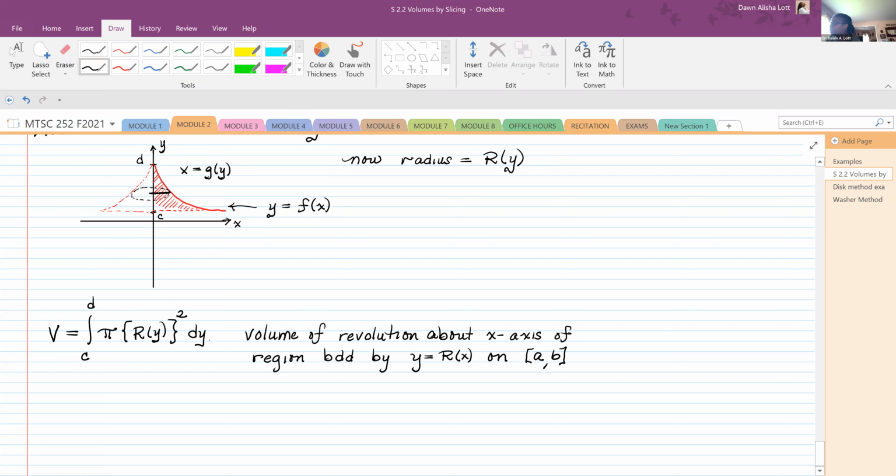And this is the volume of revolution about the y-axis of the region bounded by x is equal to R of y on the interval c, d.